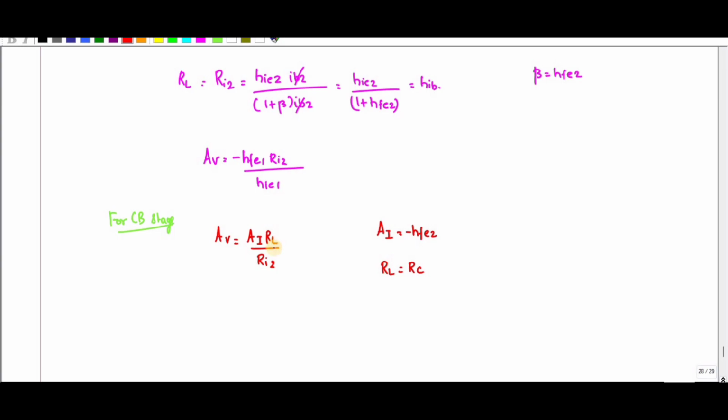Okay, next I need to find the value of AI. AI is nothing but output current by input current, right? So I naught divided by IE2.